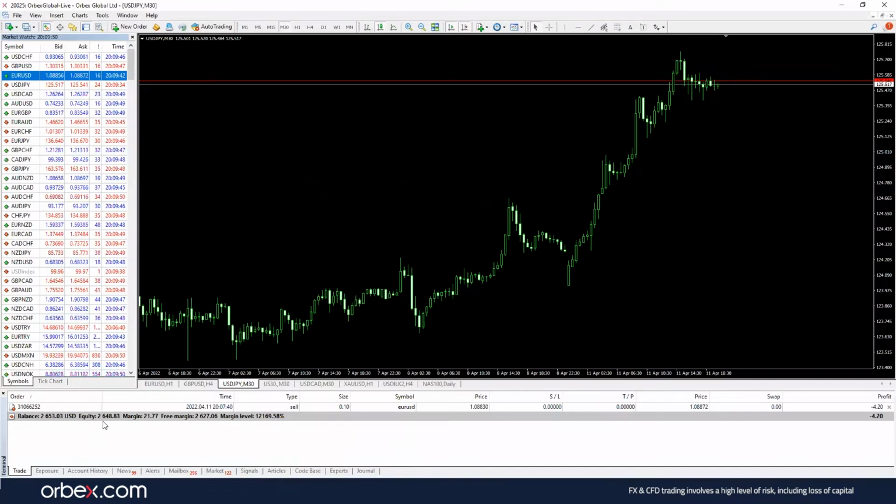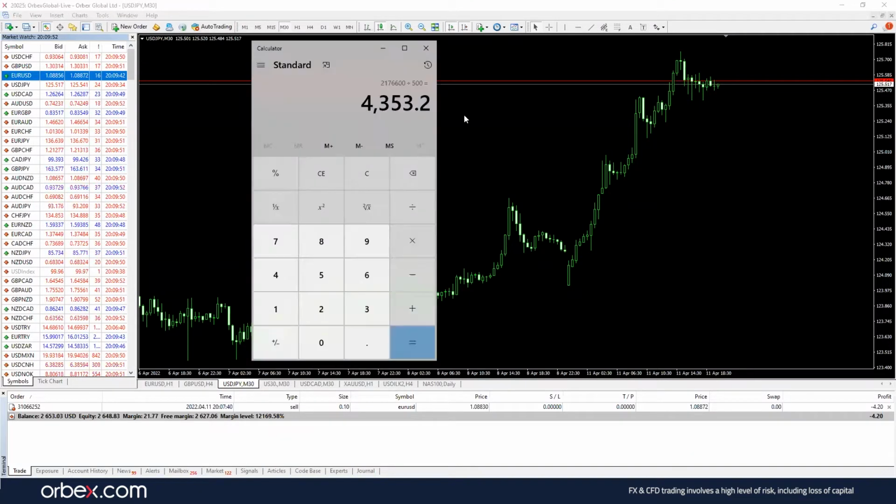My equity at the moment is 2,648. Let's get the trusty calculator up. 2,648.83, and then divide that by 21.77, which is my margin, and we want it in a percentage, that's why we're multiplying it by 100. So it's 12,167. Because my P&L is moving slightly it's a little bit off, but you get the general idea.